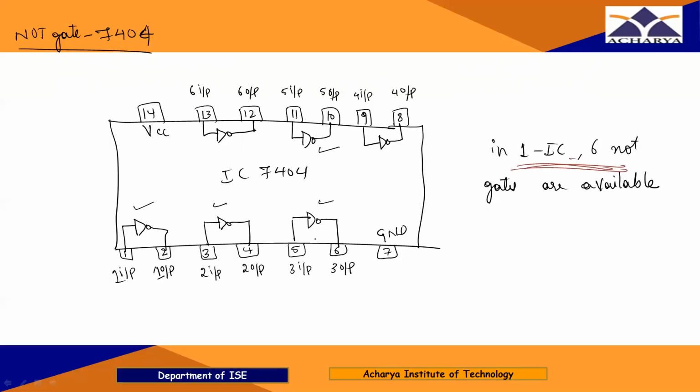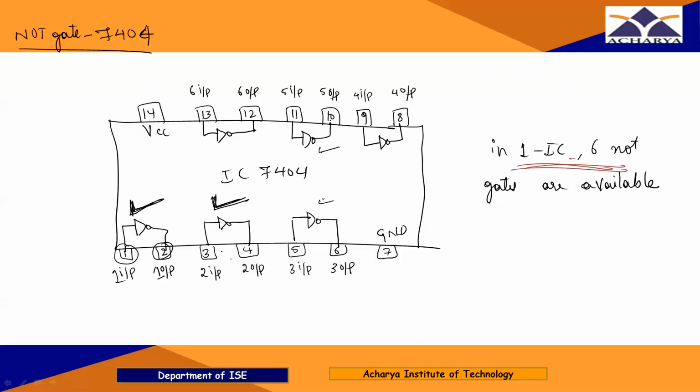If you are using the third gate and fifth gate, you have to write pin numbers input as 5 and 6 as output, and if you are using the fifth one, then pin number 11 is the input, pin number 10 is the output. But now, just to avoid confusion, I am going to use the first gate and second gate, right? So the first gate, pin number 1 is the input, 2 is the output.